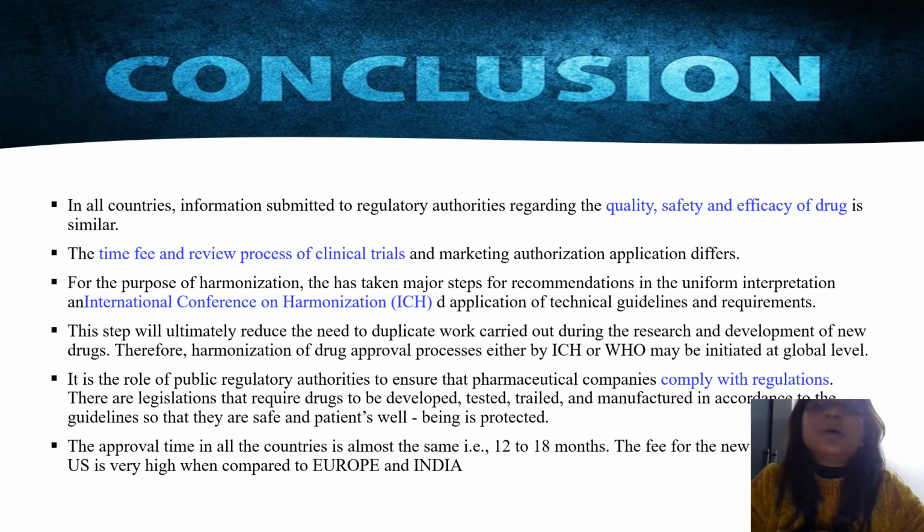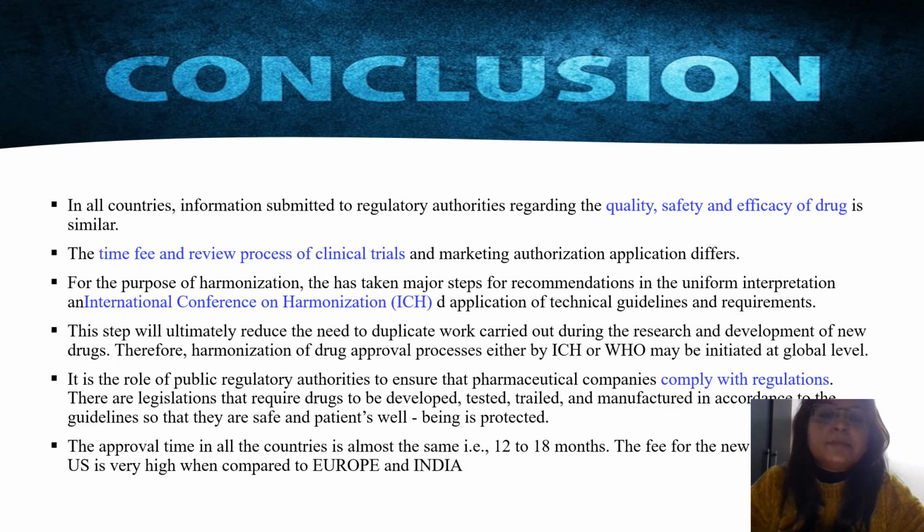Different regulatory agencies also differ in the fees involved for the application or the review process and the time taken for review, but more or less it is somewhere around 12 to 18 months in different parts of the world.